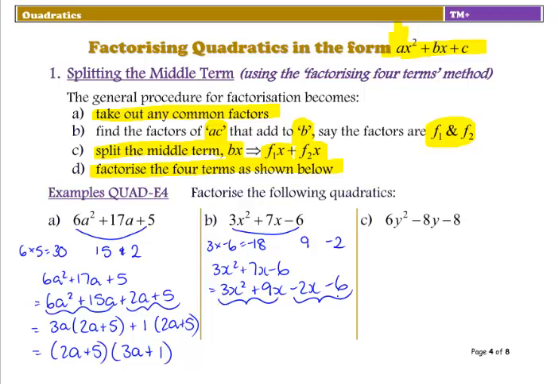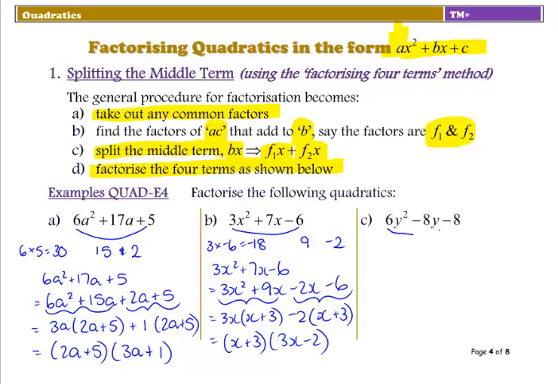Doesn't matter which one you put first, by the way. 3x squared and 9x would be 3x bracket x plus 3. Then minus and a minus, so we bring the minus out, 2 bracket, and it'll be x plus 3. The brackets are the same in both, so we put that out the front and go 3x minus 2.